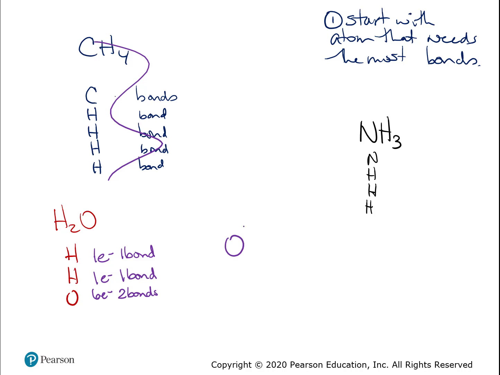When I put it down, it doesn't matter where you put your dots, just so long as 2 sides end up with 2 dots and 2 sides end up with 1 dot, like this, okay? So it would not be wrong if you put your dots like this. That's not wrong, I don't care. It would not be wrong if you put your dots like this. That's fine too. The rule is, with oxygen, 2 sides need 2 dots, 2 sides need 1 dot.